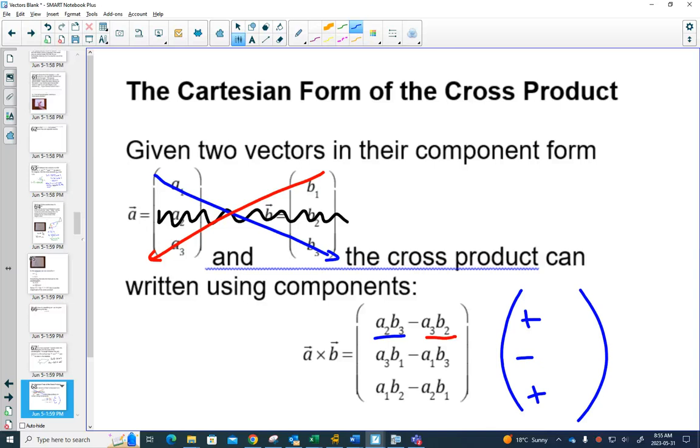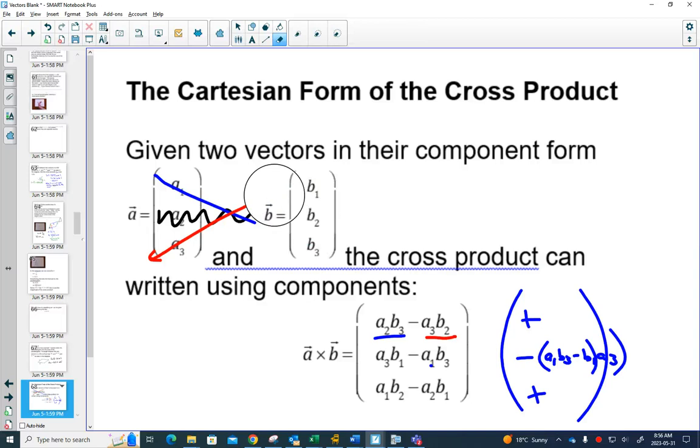But what it's going to be is, in this second one, if I did my determinant, it would be A1, B3 minus B1, A3. And if that negative got distributed, can you see that now the B1, A3 would be positive, and the A1, B3 would be negative? So it does alternate plus, minus, plus.